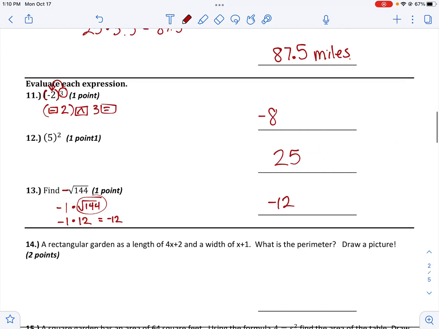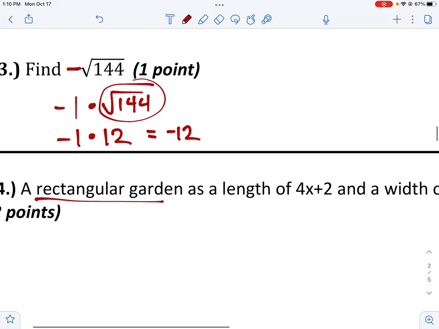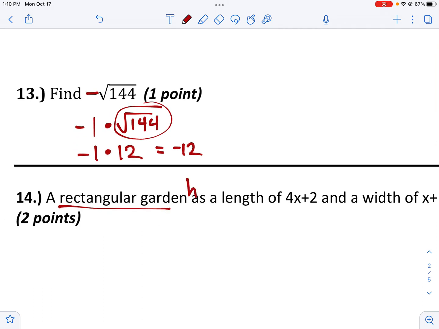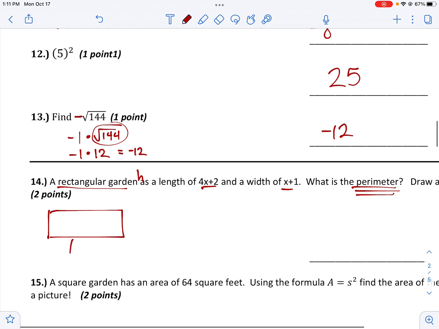All right, number 14, a rectangular garden has a length of 4x plus 2 and the width of x plus 1. What is the perimeter? The perimeter is the distance around the rectangle. So if I draw a picture, it's always a good idea to draw a picture. We have a length of 4x plus 2, and we have a width of x plus 1. Now I'll label all my sides.